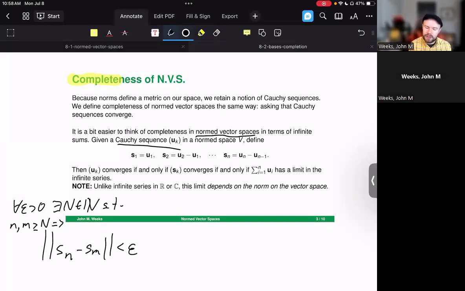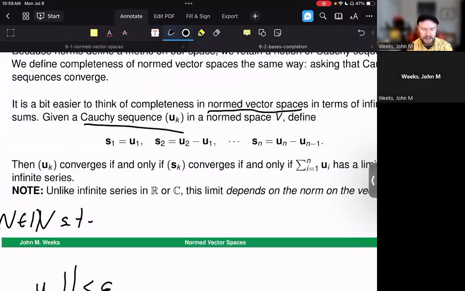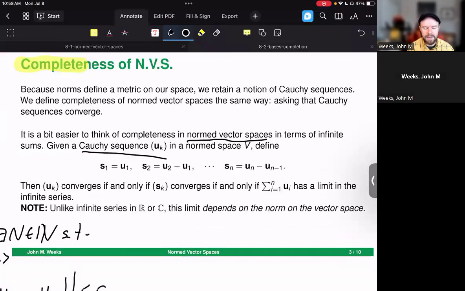Well, if we take that notion and redefine it in a different way, let's say that Cauchy sequence, I'm actually using the letter U here, so allow me to go back and change this to U sub n and U sub m respectively. Then I could define a new sequence based off of differences inside of this space. Let's call it S of k.